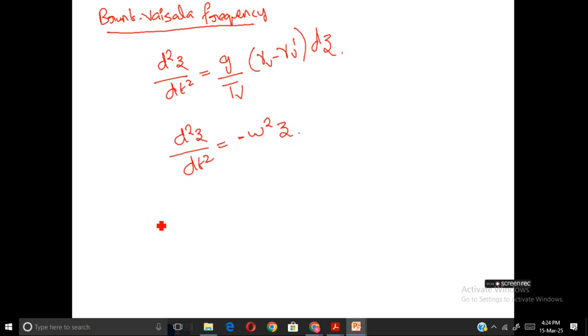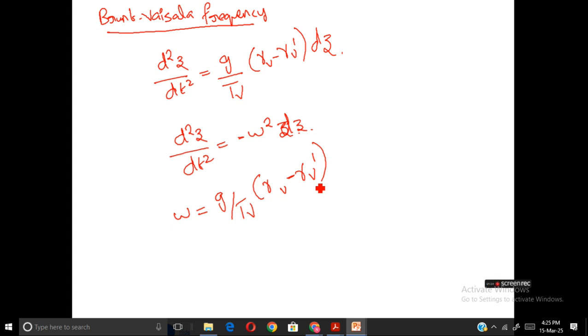So in this case, omega square is basically given by g by Tv into gamma v minus gamma v dash. It is minus omega, so it will be gamma v dash minus gamma.